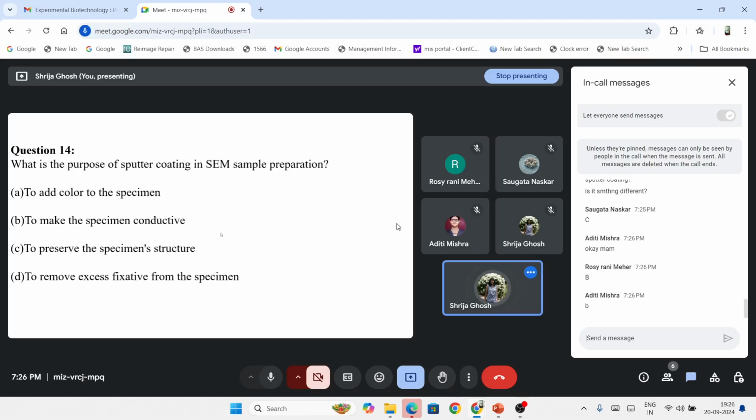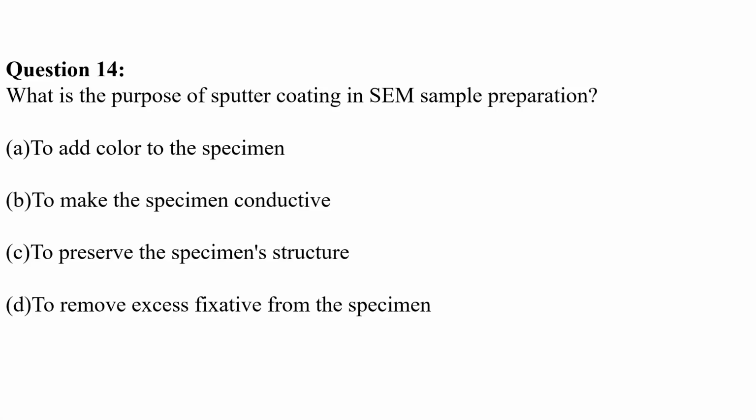Yes, so that is the reason. I don't know why Saugata answered option C. In the previous question also I mentioned that gold coating is done to make the sample conductive. If your sample is not conductive on its own, you can add a layer of gold, and gold can give its own electrons. It's a conductor, right? So it can emit electrons on its own.